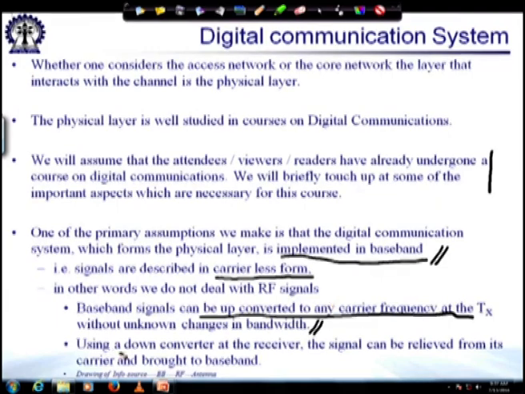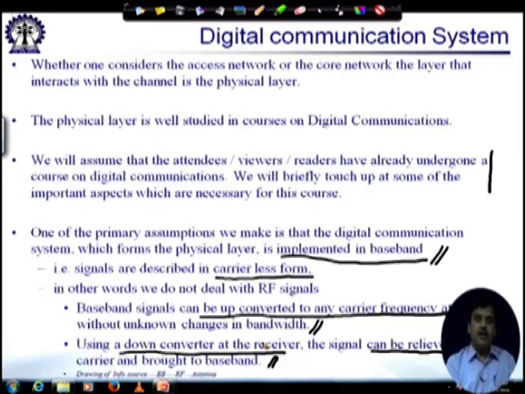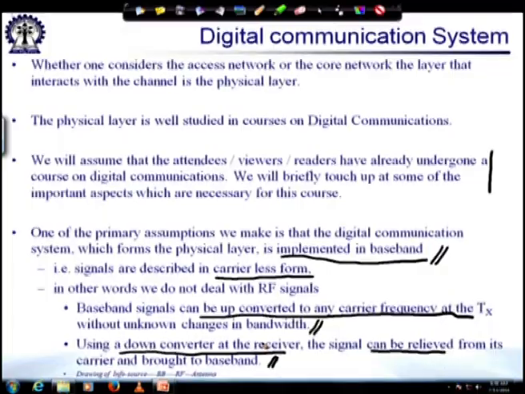Similarly, using a down converter at the receiver, the signal can be relieved from its carrier and brought to baseband. So, that means at the transmitter we have baseband signal, at the receiver we again have baseband signal. In between, what we have is the passband signal which propagates through the channel and comes to the receiver. Once it comes to the receiver, it is again down converted. Now, this up conversion and down conversion, if they cancel each other, what we are left with is the baseband signal.